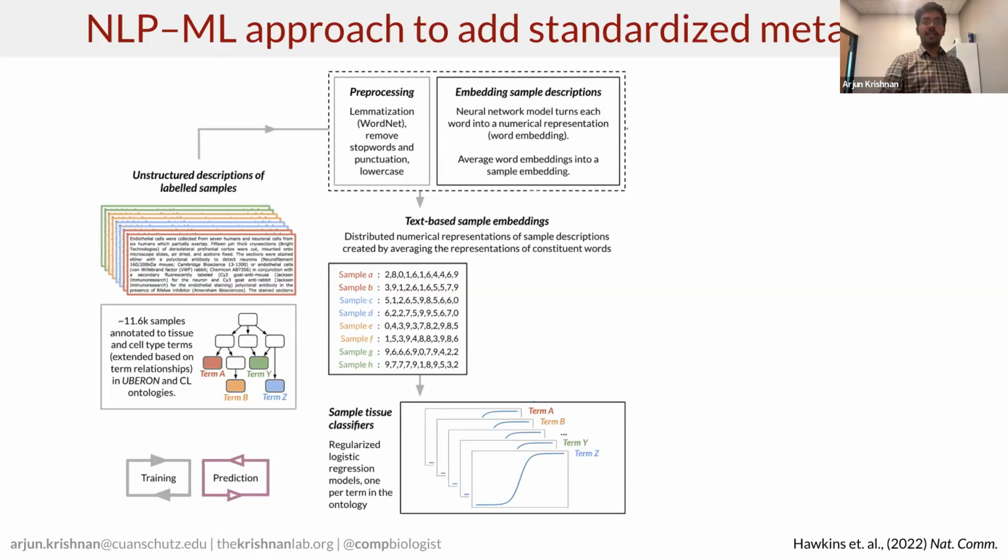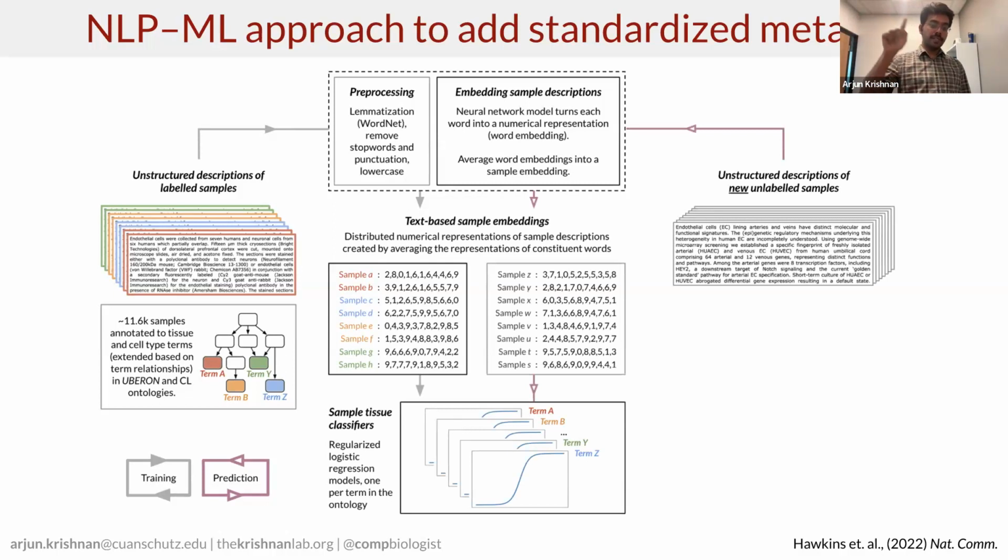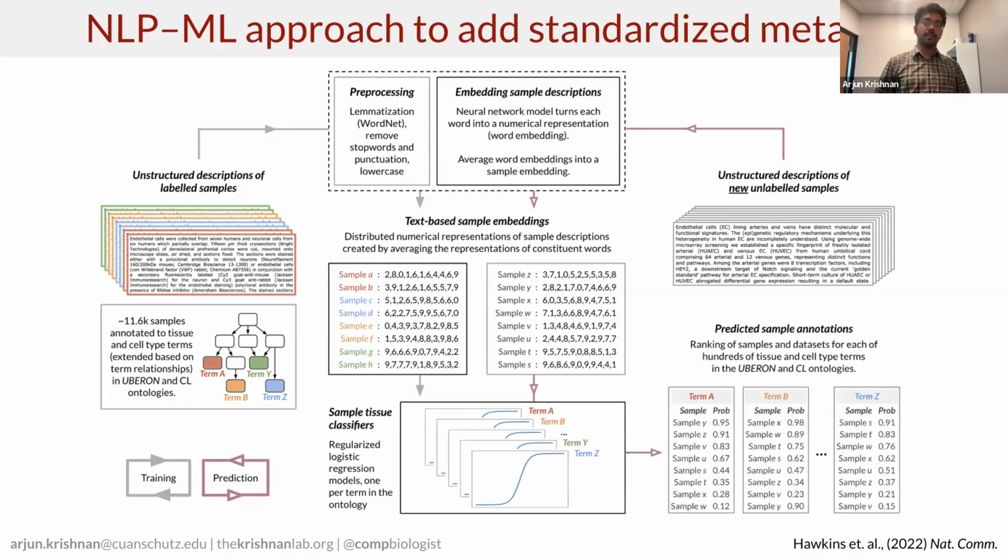And once you have done that, then you can take the unstructured description of any sample, do the same pre-processing, turn it into numbers based on the description, and then provide it as input to the pre-trained models and get predictions about whether a given new sample, based on its description alone, came from a particular tissue or not, for each tissue or cell type of the body. So this is the work that we published 1 year back. And this works quite well, okay?